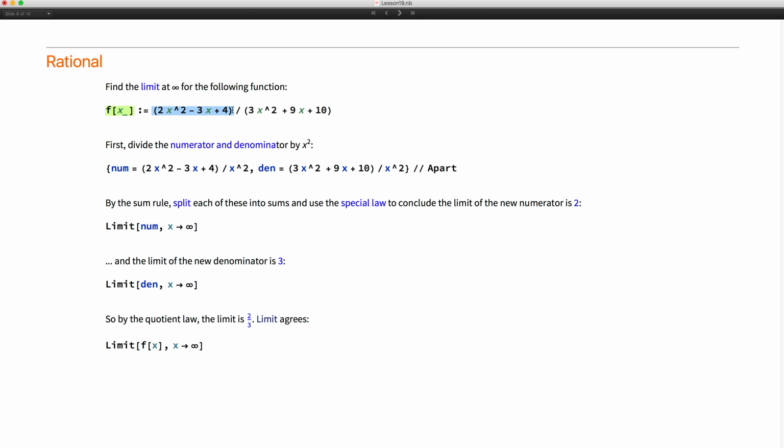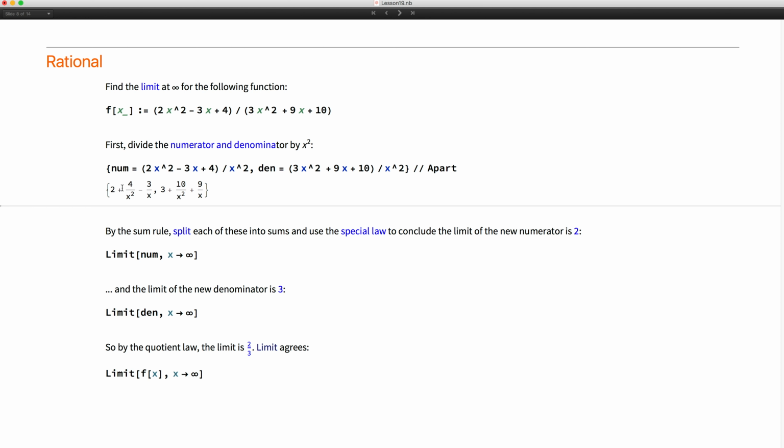And you see here that as x approaches infinity, by the previous law, both those terms give you 0, and both those terms give you 0 as well. So the limit of the numerator is just 2. That's a 2 from here. And for the denominator, the limit is just going to be 3. That's a 3 from there. So to summarize, the limit of this rather difficult looking function is just 2/3 as x approaches infinity.